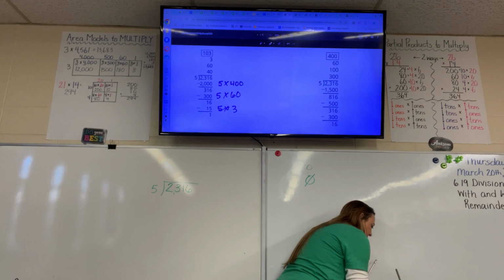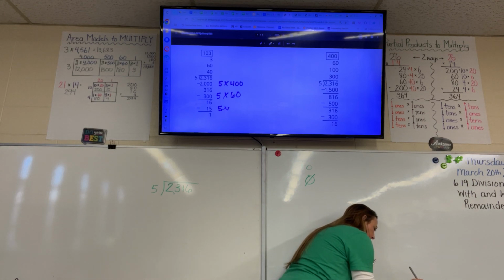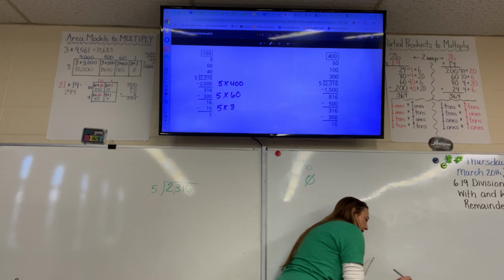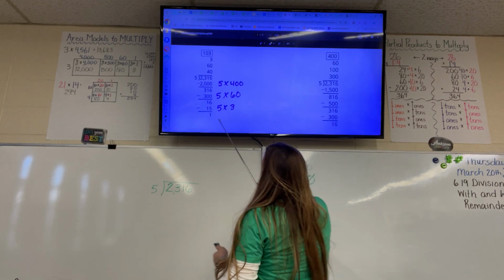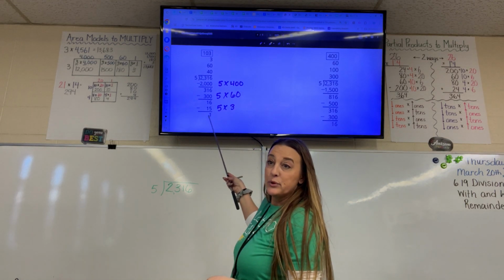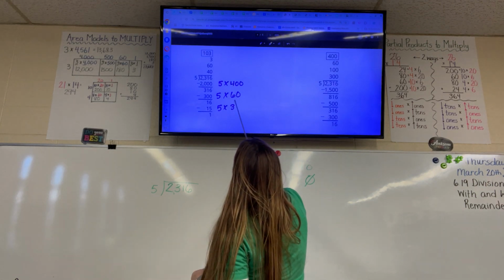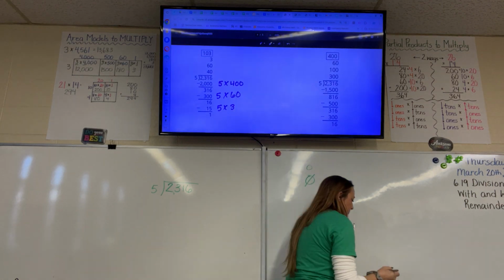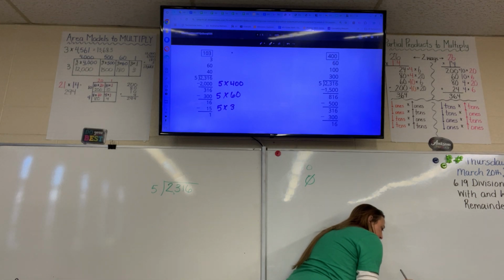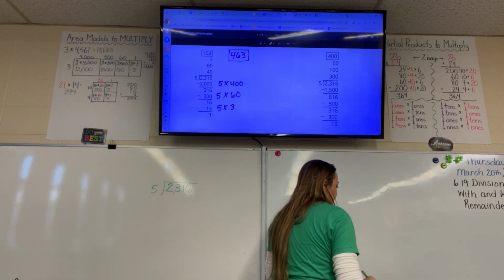And then when he subtracted, there's his remainder that he predicted would be there of 1. What's 400 plus 60 plus 3 equal? 463. So the correct answer should have been 463.